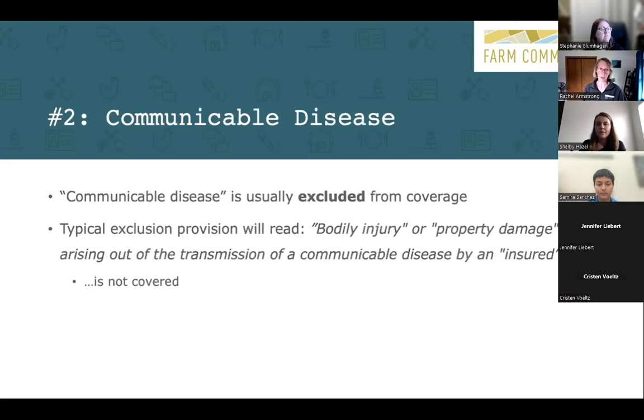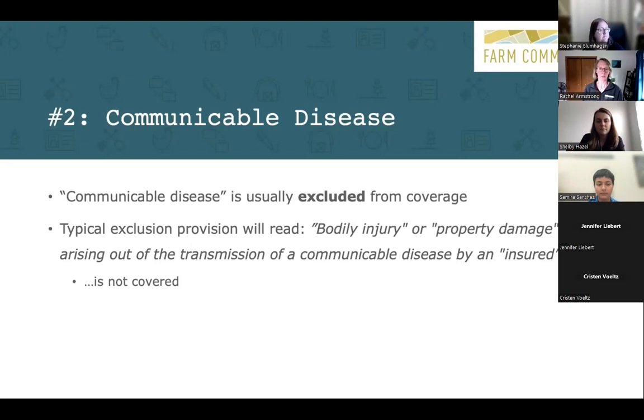Let's talk about communicable diseases, trend number 2. Communicable disease is generally excluded from coverage. So you might be tempted to think foreign objects includes pathogens, and that has been argued in court, but no. They are not considered foreign objects.